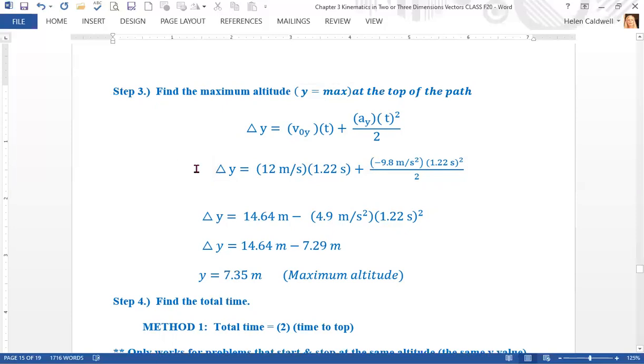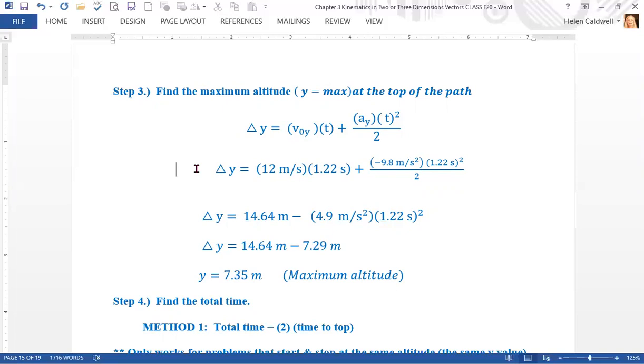So delta y is equal to 12 meters per second multiplied by the 1.22 seconds, that was the time to get to the top, plus acceleration in the y direction, which is negative 9.8 meters per second squared, multiplied by 1.22 seconds, that's then squared, divided by 2.